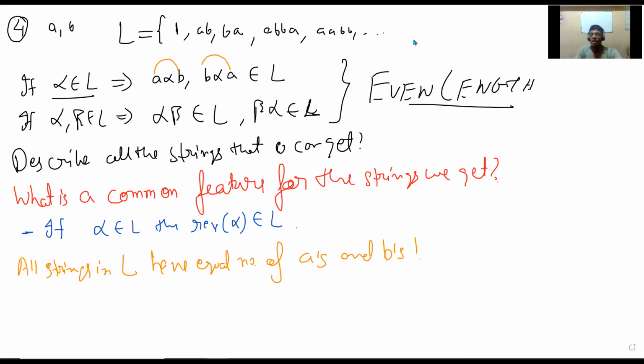Because you see, any string A either comes out of attaching to some string. So there was some string B and you attached A and B at the end, or there was some string B and C and you just multiplied them, right?